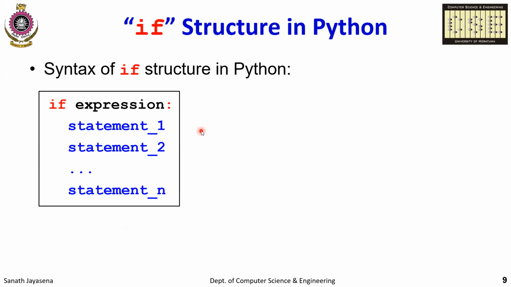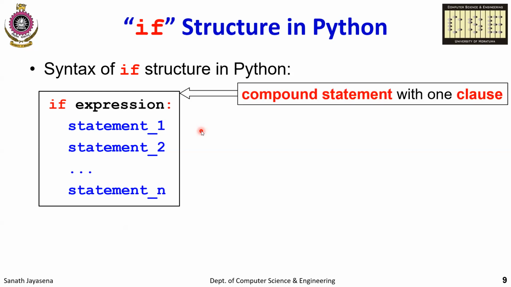Now, this is what we call the if structure. Although it spans a number of lines in the Python code, it is considered a single statement. It's somewhat different from a simple statement, like a equals b plus 5, which is a fairly simple, single line statement.